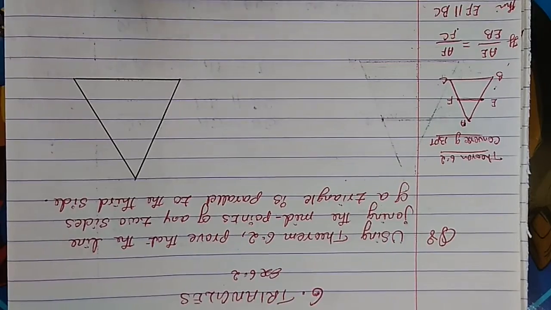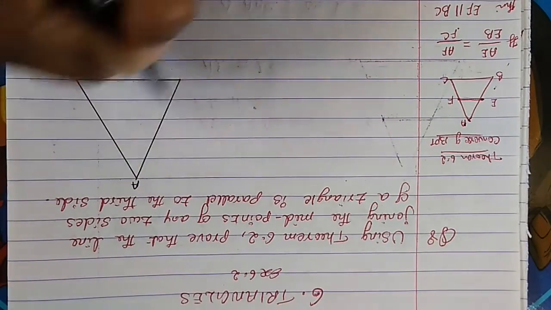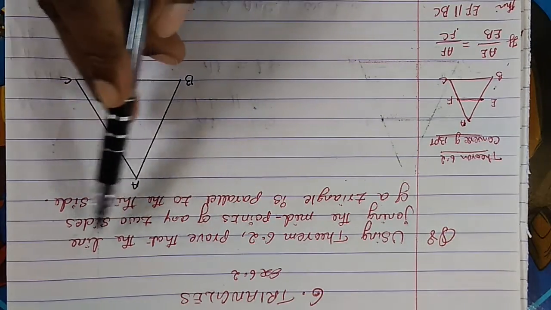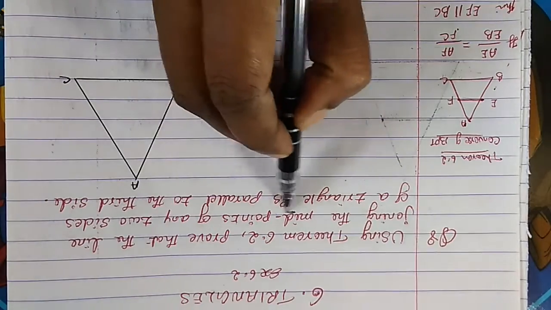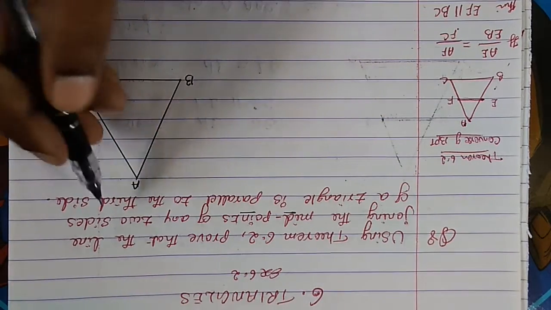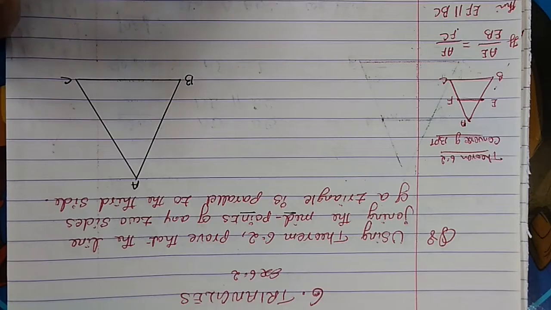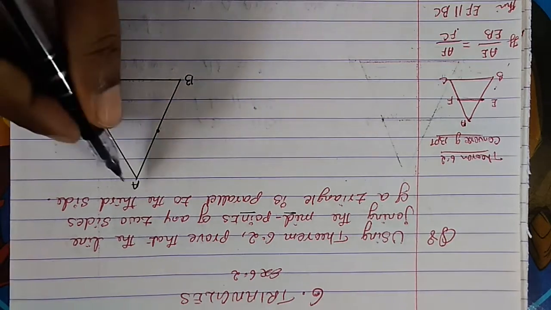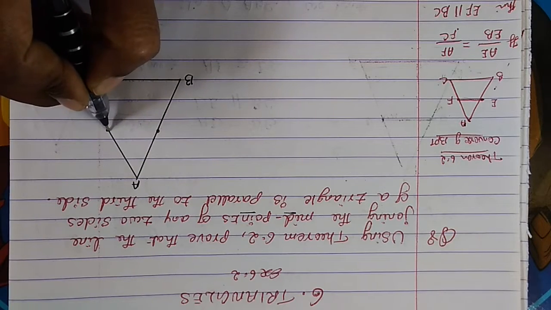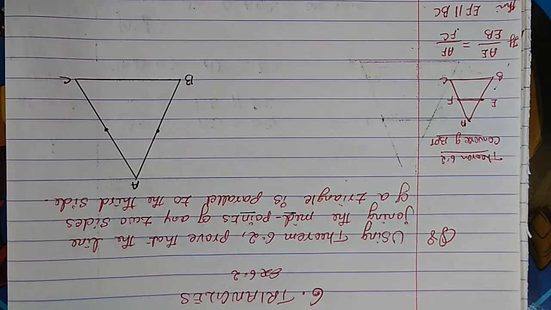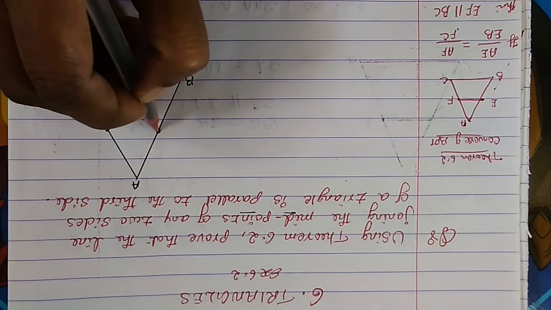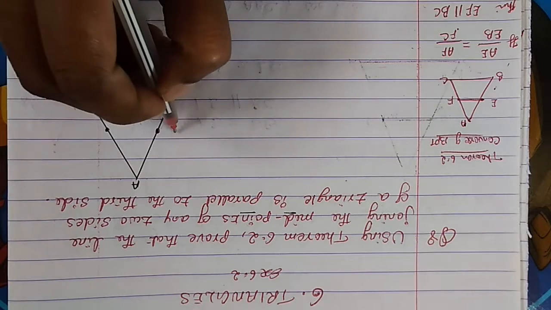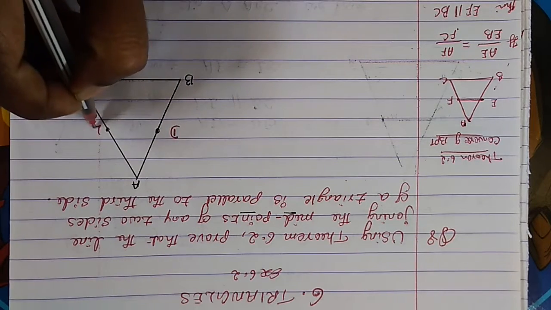This is our triangle and let us name it A, B and C. Let's take any two sides and their midpoints: this is the midpoint of this side and this is the midpoint of the other side, and let's name them D and E.